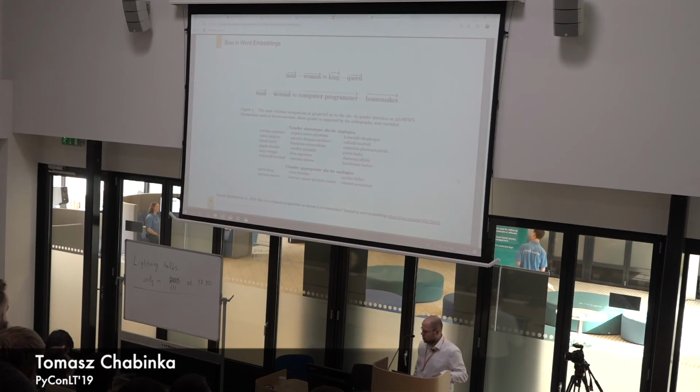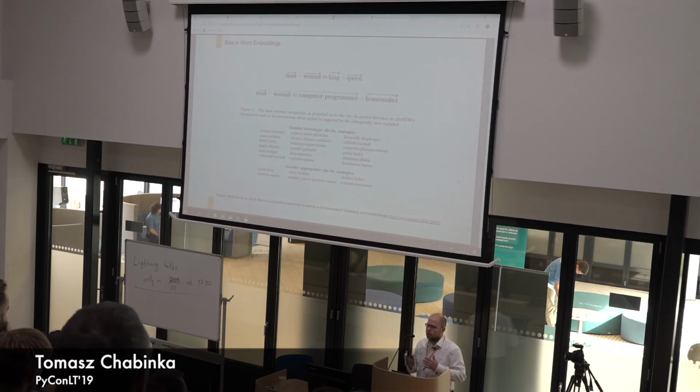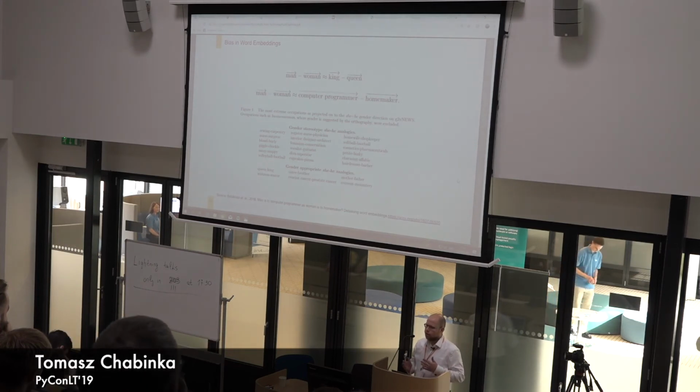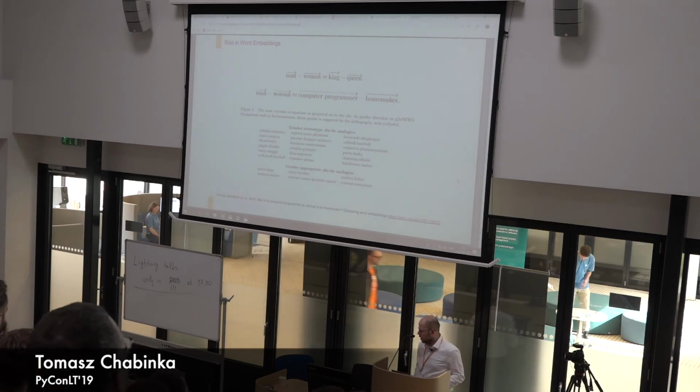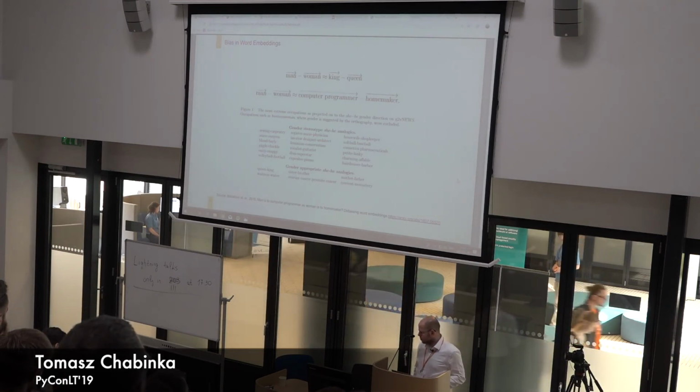The thing worth remembering with embeddings, especially in natural language processing, is that they are not perfect. Like everything in machine learning, this is statistics, right? You give machine learning algorithms some corpus text, and in this corpus not everything needs to be perfect.